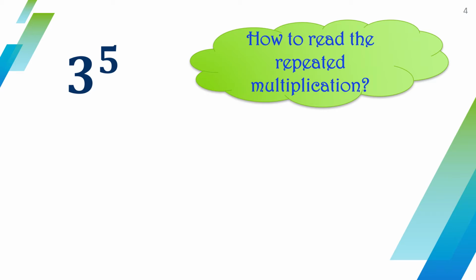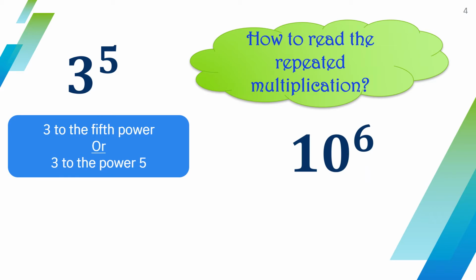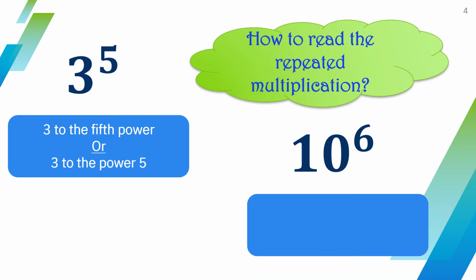Now, how do we read repeated multiplication? Here we can read it as 3 to the 5th power or 3 to the power 5. Also here you can read it in two ways: 10 to the 6th power or 10 to the power 6.